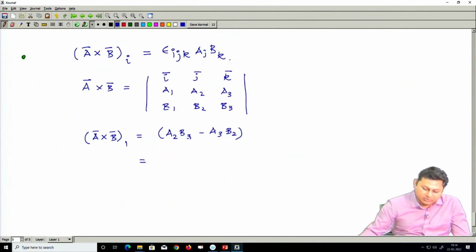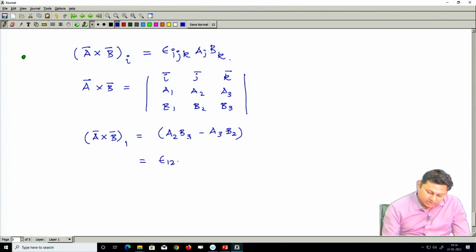If I put all these values together, you will find the only non-zero values are epsilon 1 2 3, when i, j, k are all distinct, and another term, epsilon 1 3 2, with A3 and B2.